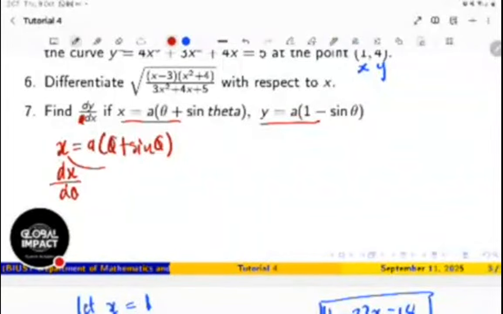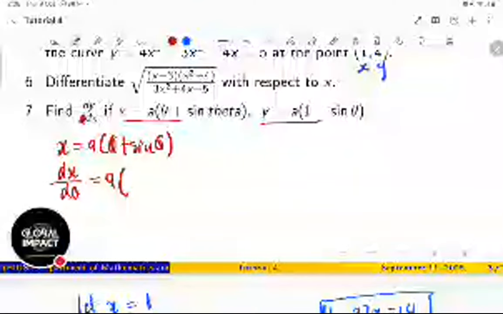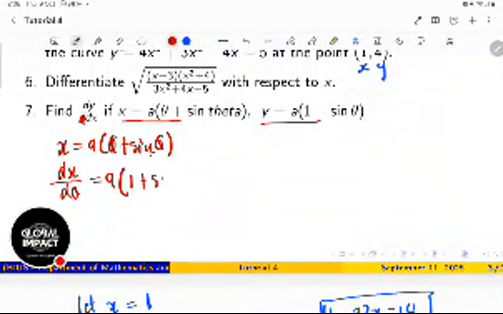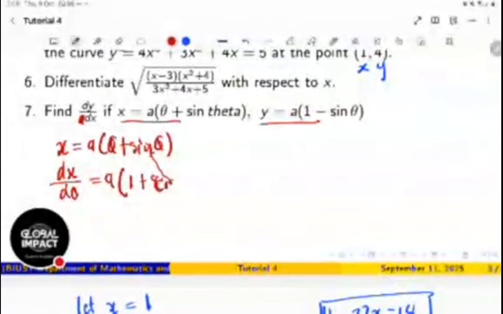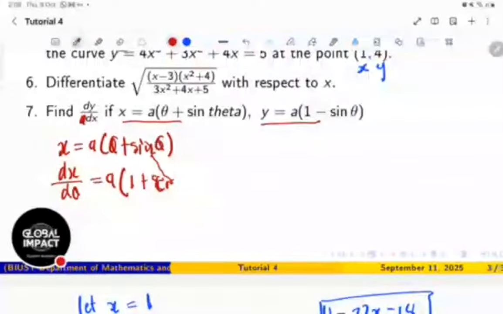Here, x is in terms of theta. You find dx/d theta. How do I do it? A is just a constant, so it stays, because it's multiplying. Let's differentiate theta. You get 1 plus the derivative of sine, which is cos.